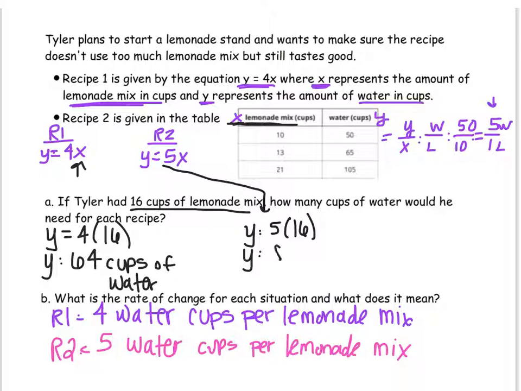So that means I need 80 cups of water. 64 cups of water for recipe 1, 80 cups of water for recipe 2. I can tell that recipe 2 again is going to be weaker. It's not going to be as strong because it has more water in it than recipe 1 does for the same amount of lemonade mix.